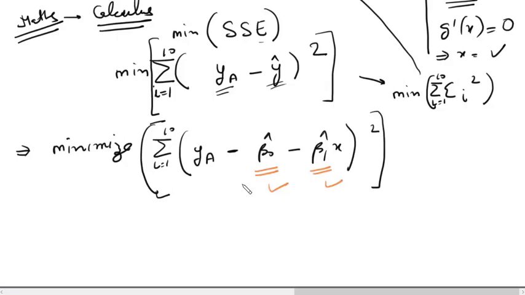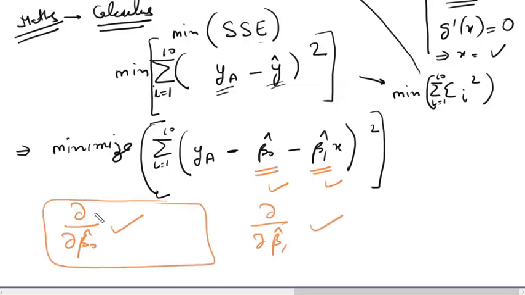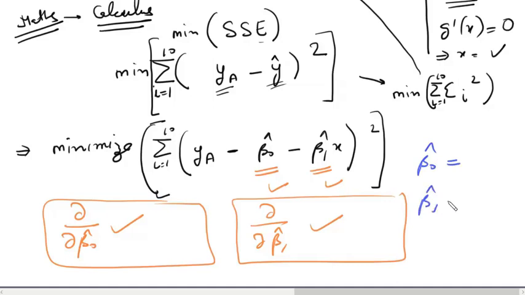I will differentiate this entire equation with respect to beta naught first, and once again with respect to beta 1 hat. So I will get two different equations, and I have two unknown quantities. If I solve those two equations, I will get the value of beta naught hat and the value of beta 1 hat. So this is how we calculate the values of beta naught hat and beta 1 hat using high school calculus.